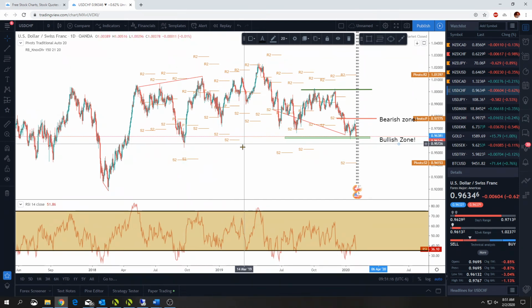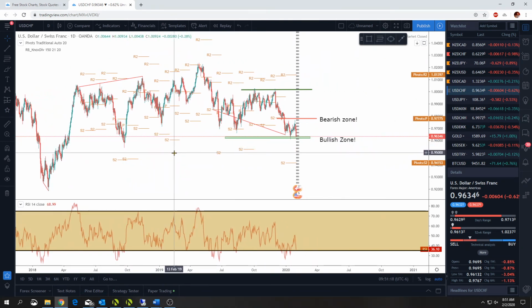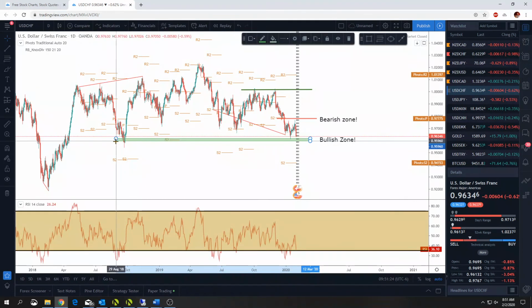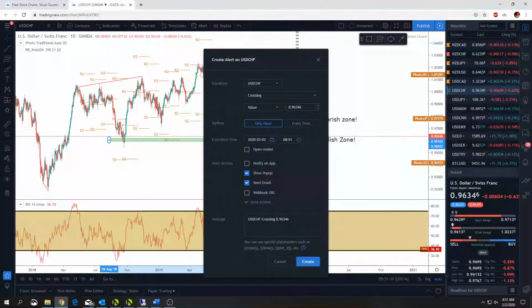But if we're thinking the Swiss franc JPY are going to get strong, if we break this support line, right, you can see price dipped, came back up. It's making an attempt again. We may have a double bottom situation right here at 96,171. We will be looking to buy.